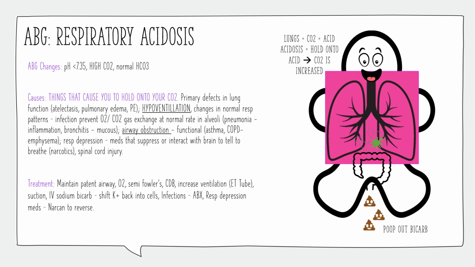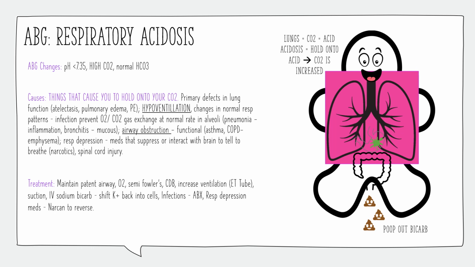Asthma can go either way, acidosis or alkalosis, and it depends on what state they're in. Airway obstruction can also cause respiratory acidosis. Infection, pneumonia, bronchitis, those kinds of things. But anything that's going to make you hold on to your CO2, and if you have to sit there and hold and take a breath in to get yourself to think about it, do it.